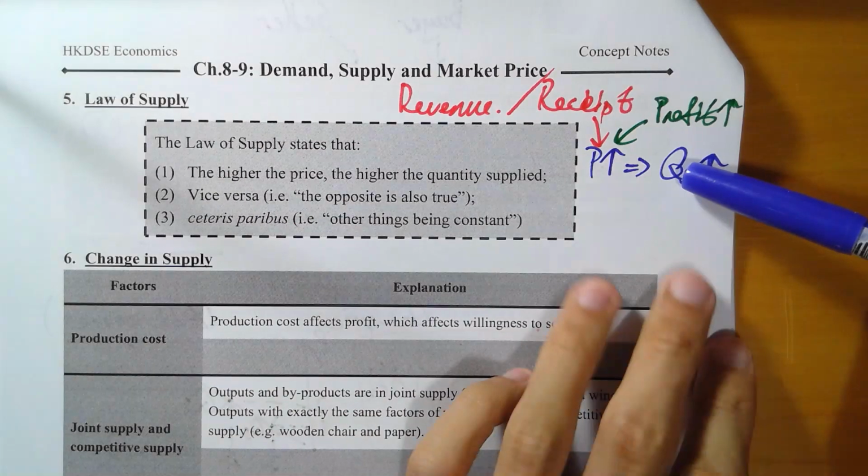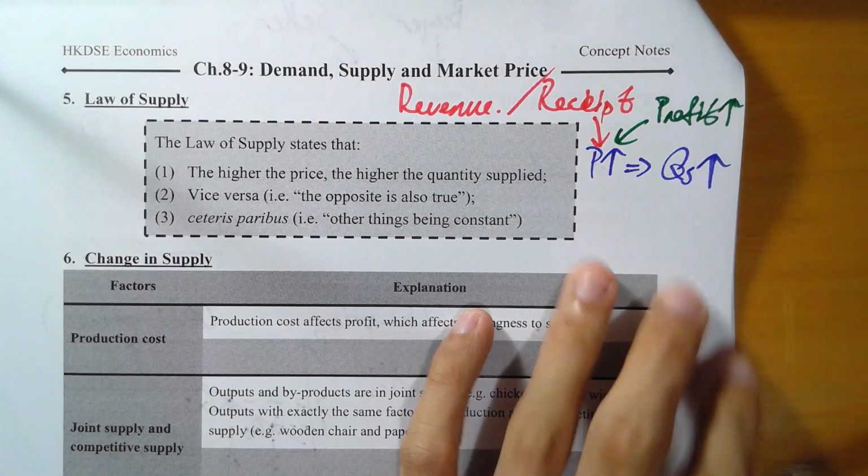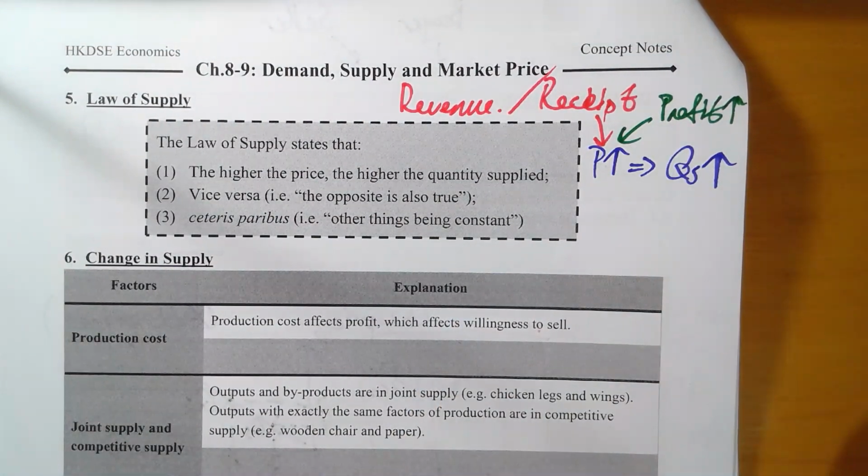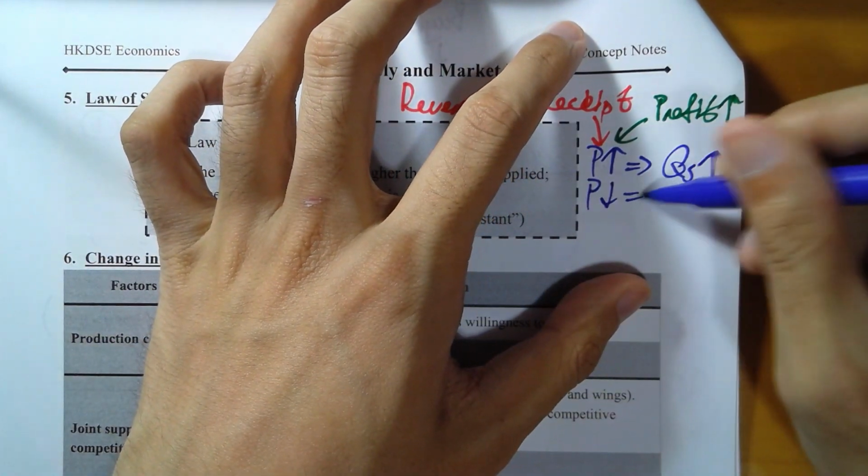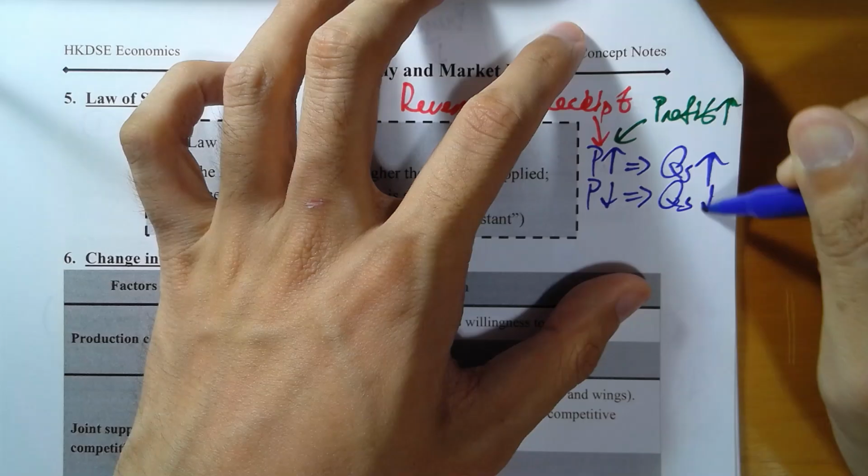When you make more profit, you will do more. 好賺啲咪做多啲咯，唔難啊，係咪啊？Vice versa, meaning the lower the price, the lower the QS.